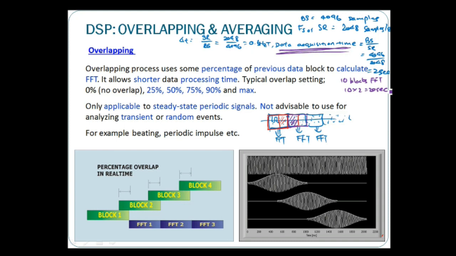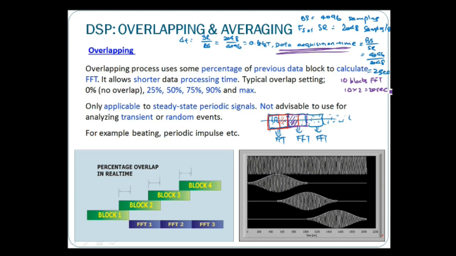Typical overlapping settings are 0%, of course, no overlap, 25, 50, 75, 90, and maximum. This maximum refers to the time taken: once your FFT is finished, it will immediately take the next block.